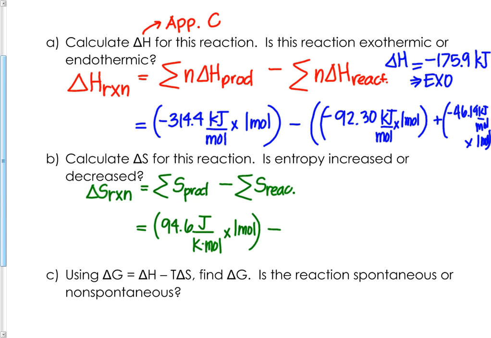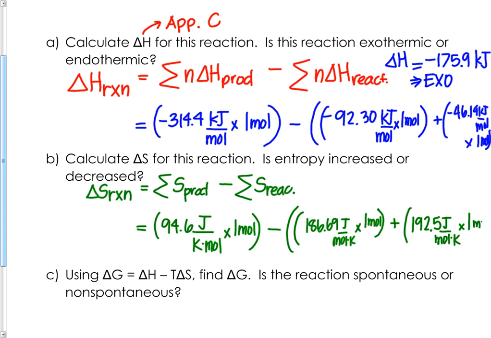And then subtract from that the values for HCl, which is positive 186.69 joules per mole Kelvin times 1 mole, and then add the other reactant to that, the NH3, which is 192.5 joules per mole Kelvin times 1 mole.